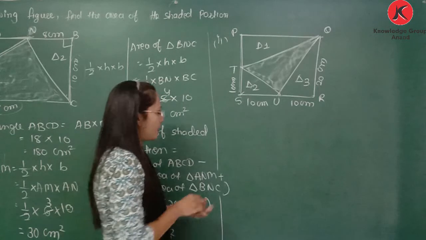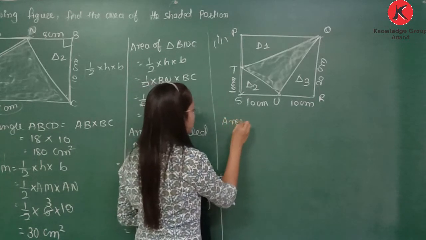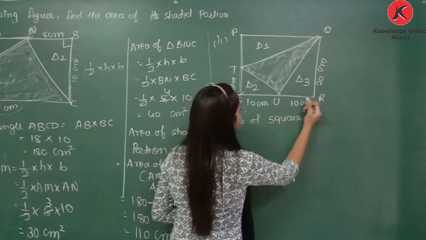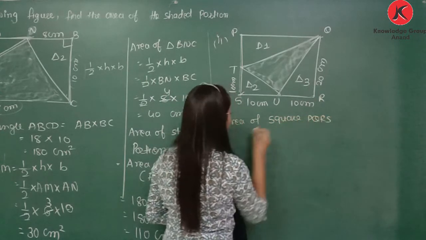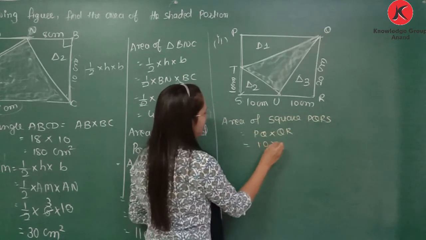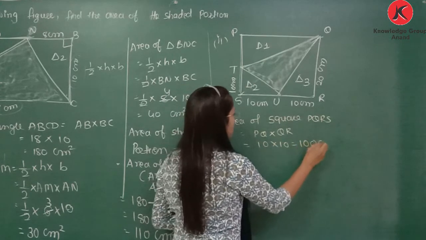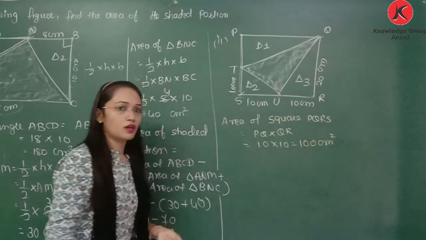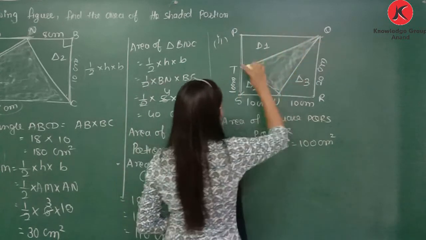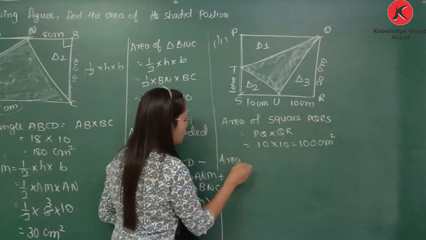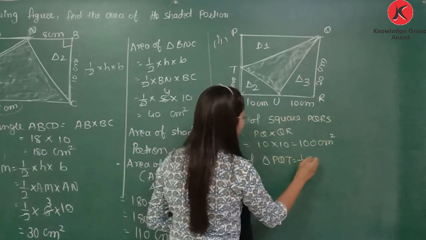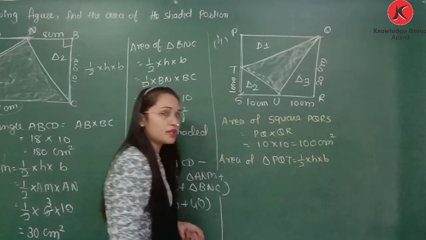Clear? So let's find the area of the square. That is PQRS. So PQ multiply QR. Here 20 multiply 20, that is 400 centimeter square, because this side is 20 centimeter. Now for the first triangle, let's consider triangle PQT. Area of triangle PQT, that is 1/2 height into base. Now what will be the height?